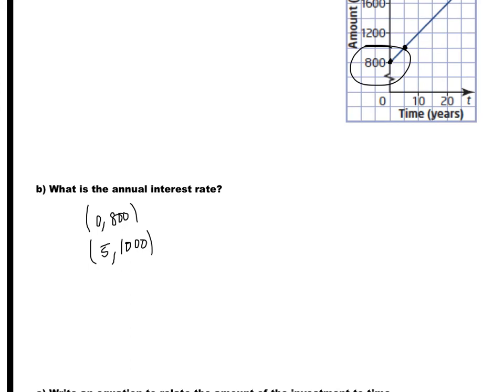So the slope or the interest rate is going to be y2, 1,000 minus y1, 800, divided by x2 minus x1. So it's going to be 200 over 5, which is going to be 40.